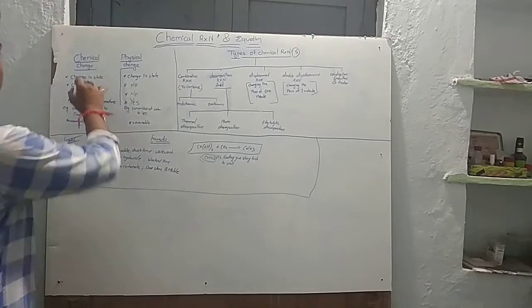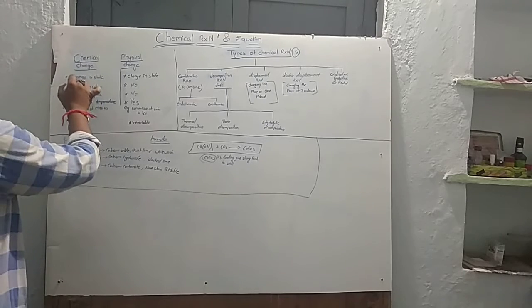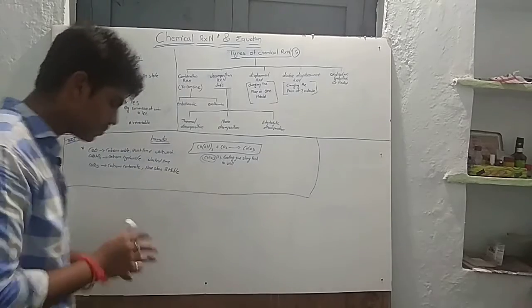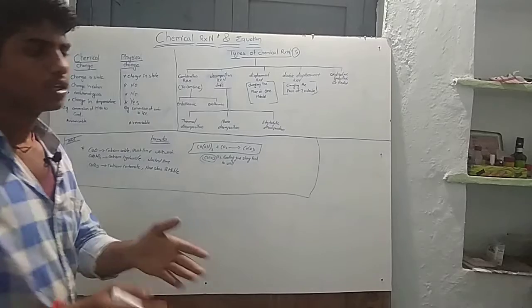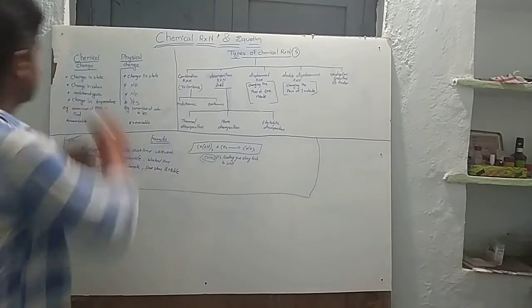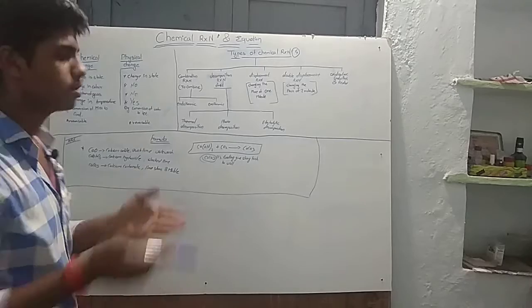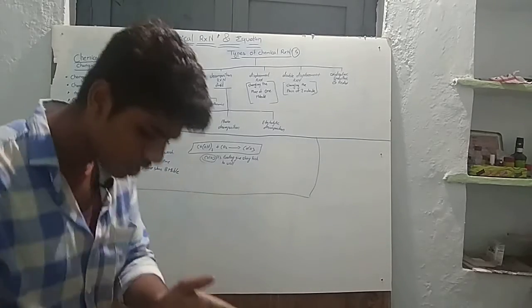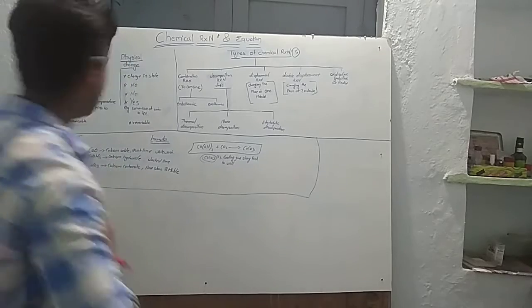We will see here the change in state first, how the state is changing. See, we are converting milk into curd. Milk is in a liquid state, but when we convert milk into curd, it is converted into a solid state.